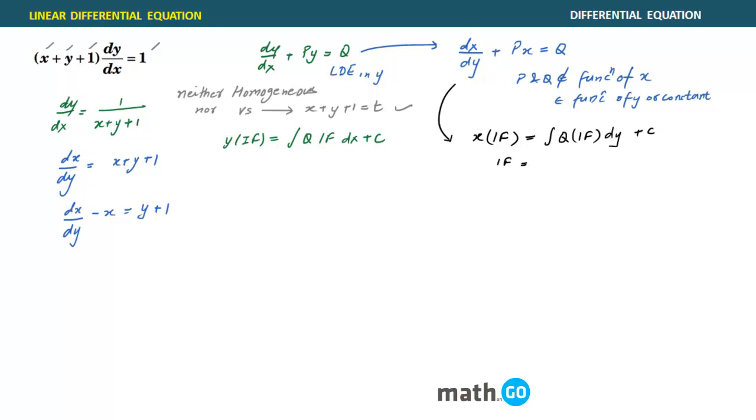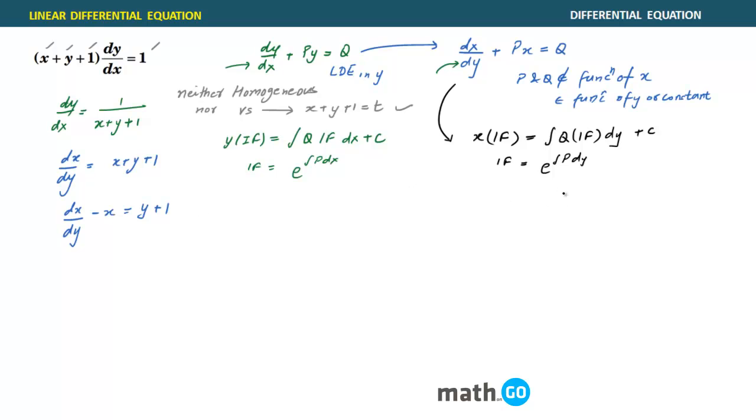The integrating factor on this side was e raised to power integral of p dx. You were integrating with respect to x because you were differentiating with respect to x. Here you are differentiating with respect to y. So similarly, the value of integrating factor will then change to e raised to power integral of p dy.